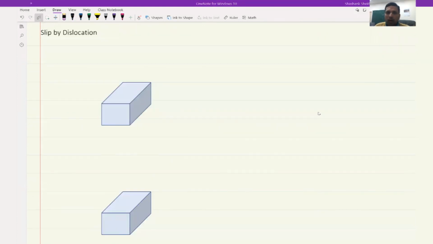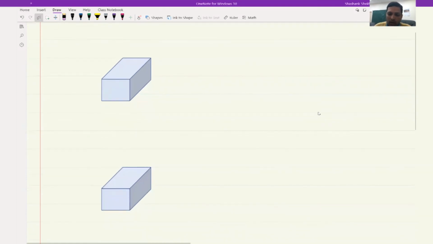Now let's look at one last thing related to dislocation in today's lecture, and this is about slip. We said when we were talking about edge dislocation that the Burgers vector also defines the direction in which the slip takes place. This is also true for the screw dislocation, where the Burgers vector happens to be parallel or anti-parallel to the dislocation line.